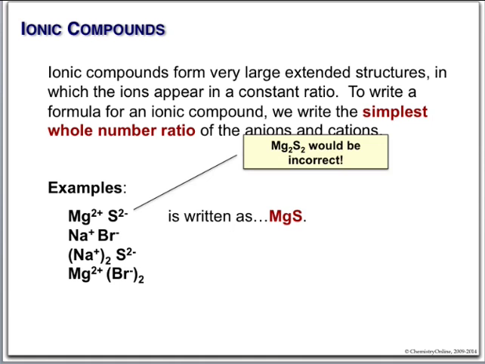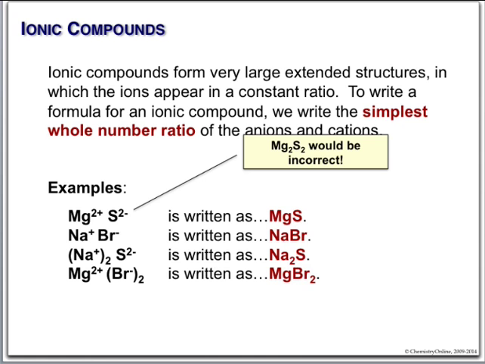But it'd be wrong. Lowest whole number ratio. Sodium bromide. Here we have 2 sodiums, 1 sulfur. So again, we use our subscript to show there are 2 sodiums to 1 sulfur. We have 1 magnesium, 2 bromines, magnesium bromide.